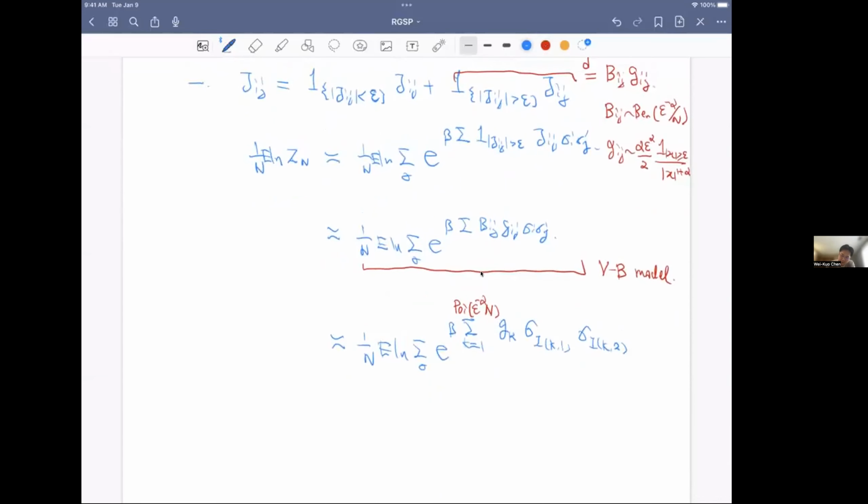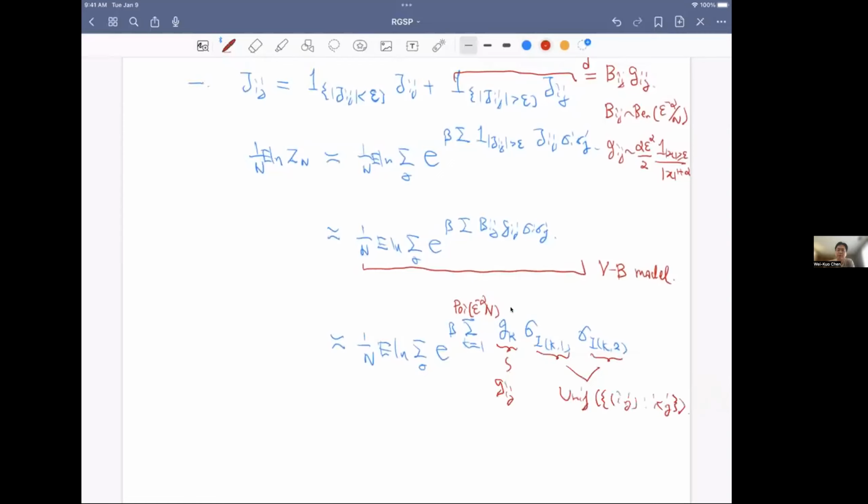Here again, G_k has the same distribution as G_ij. And the pair i_k1 and i_k2 is uniformly sampled from the set of indices i, j with i less than j.